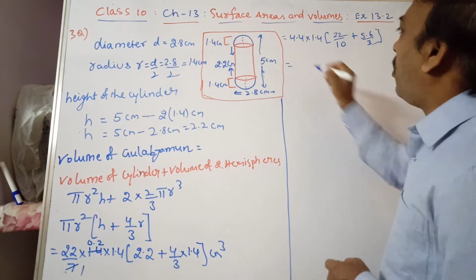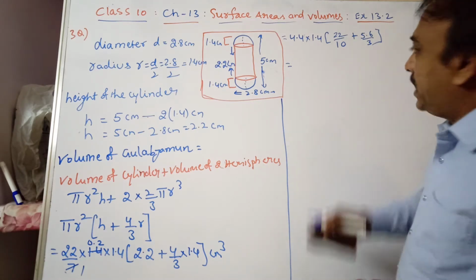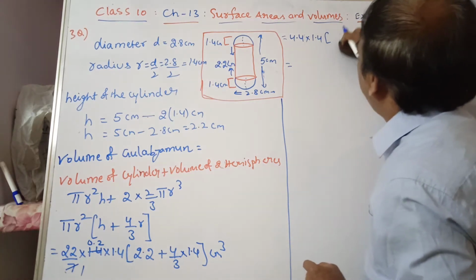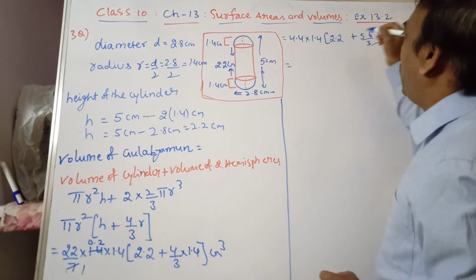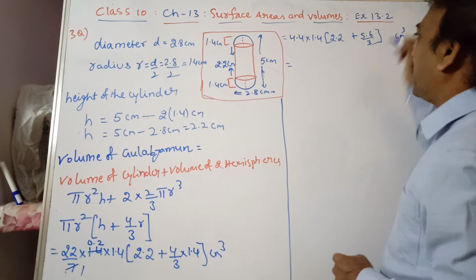Next step, you write the 2.2 as it is. These are the units, centimeter cube.